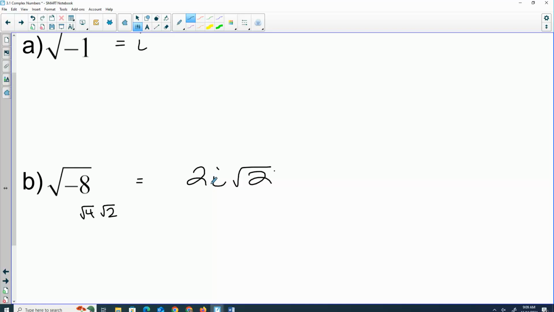Technically, it doesn't matter where the i goes. Sometimes some textbooks say 2 radical 2 i. I think Mrs. Keller had you put it in front of the radical so you didn't accidentally leave it under the square root, so I try to follow that notation.